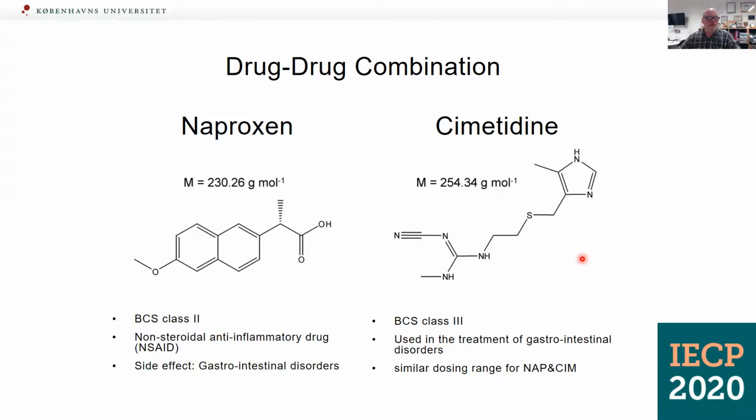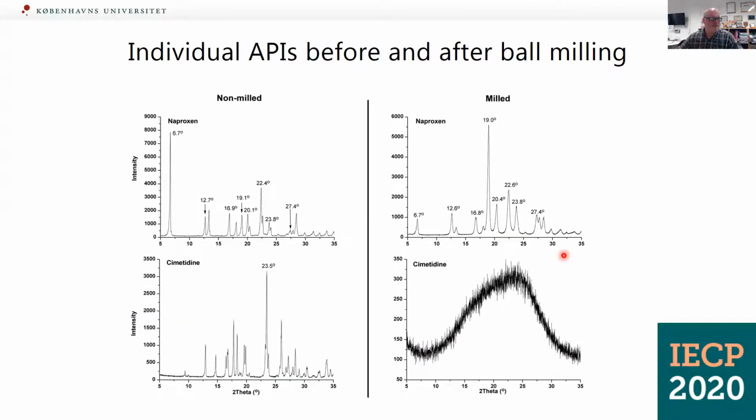And if we do that, we'll see that cimetidine, for example, here in the crystalline form, can be converted, for example, by ball milling into an amorphous form. They're characterized by the halo of the XRPD diffractogram. For naproxen, this is not successful because naproxen in its own right in the amorphous form has a very low glass transition temperature.